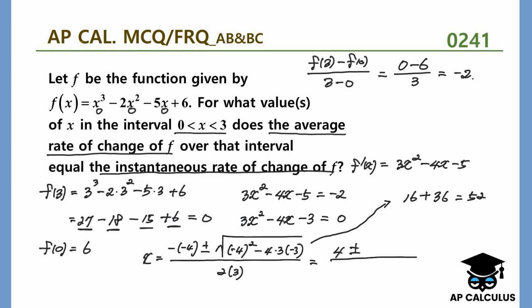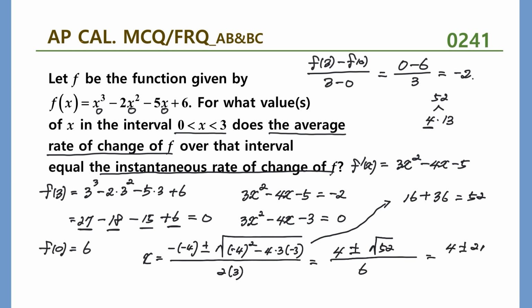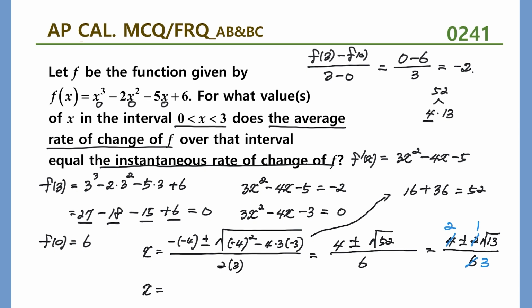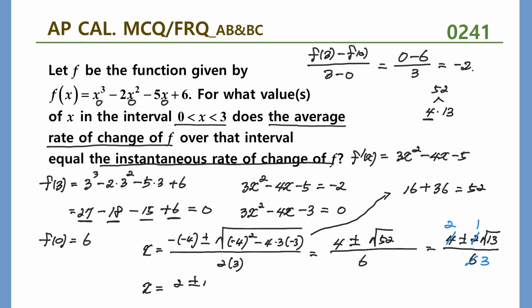That's 52, right? So the square root of 52 over 6. And 52 is actually 4 times 13, right? So this is 2 squared. So this is going to be 4 plus or minus 2 root 13 over 6. And 2 times 2, 2 times 1, 2 times 3. So our x is equal to 2 plus or minus root 13 over 3.